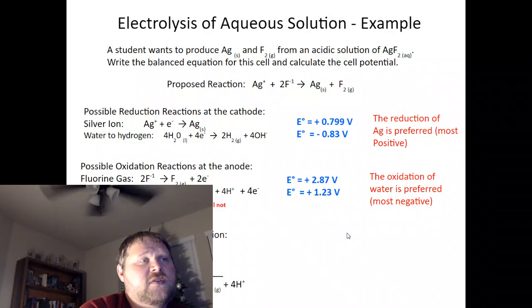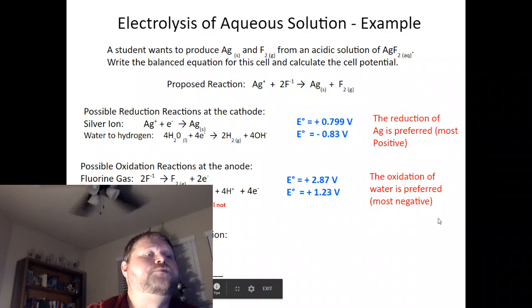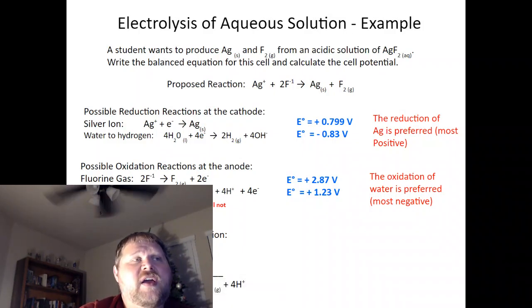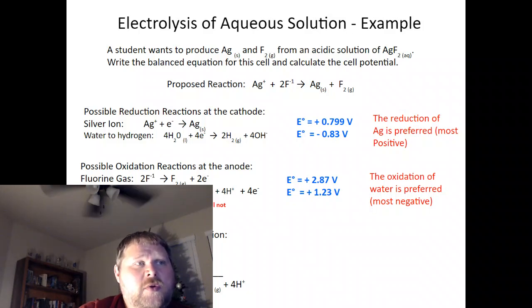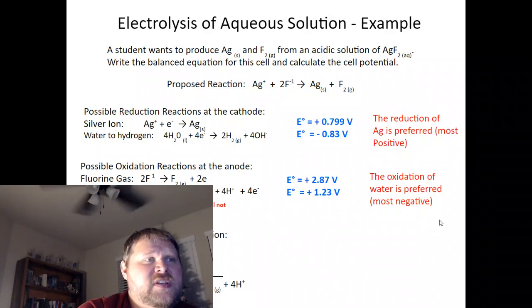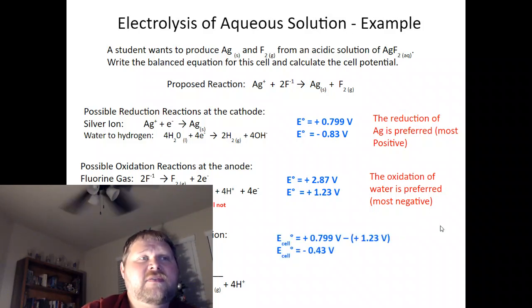So here's what's going to be the overall reaction. I have my silver, and then I have the water reaction. Then I have to go back and balance these two half reactions. It takes 4 moles of electrons, so you can see what we get down there. It's not what I wanted, and that's the voltage.